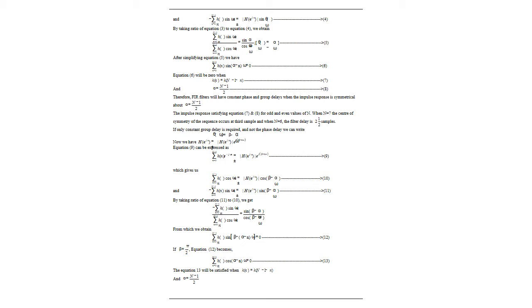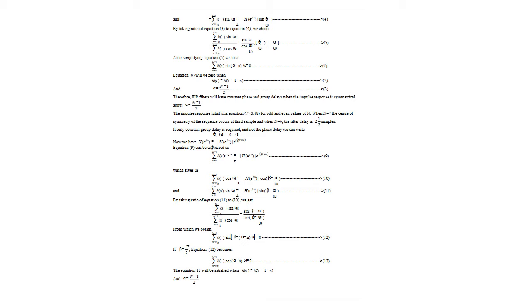So by taking the ratio of equations 11 and 10, we will get summation n equal to 0 to N minus 1 of h of n sin omega n, divided by summation n equal to 0 to N minus 1 of h of n cos omega n, that is equal to sin (beta minus alpha omega) by cos (beta minus alpha omega). So this gives the summation n equal to 0 to N minus 1 of h of n sin (beta minus alpha n omega) equal to 0.